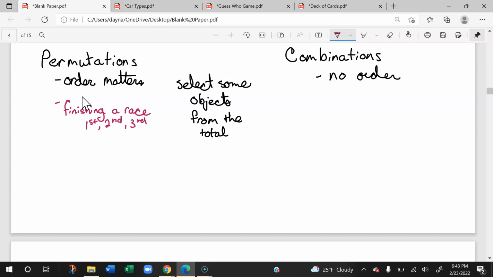Now, the same three people may come in first, second, and third, but it matters which place they come because it matters which medal they get. So which order they cross that finish line actually matters.